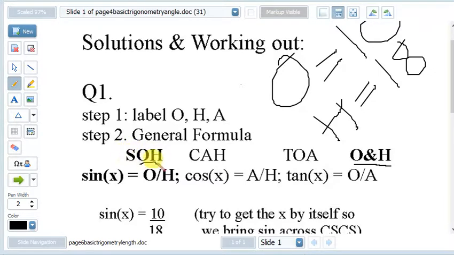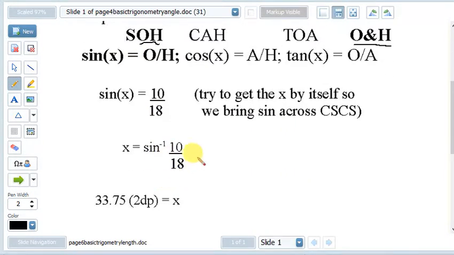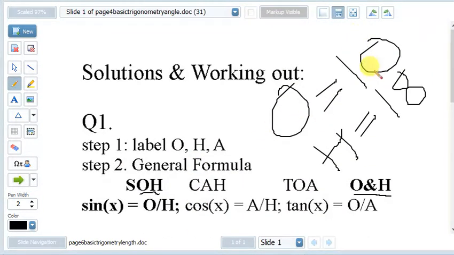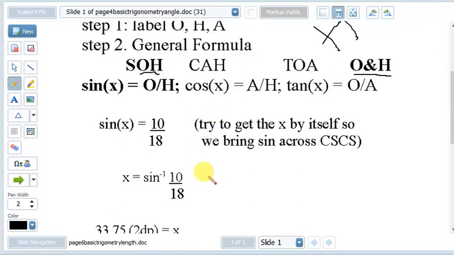And the SOH is sine x equals opposite over hypotenuse. Then we substitute our values in, so O is 10 and H is 18. O is 10, 18 is the hypotenuse.